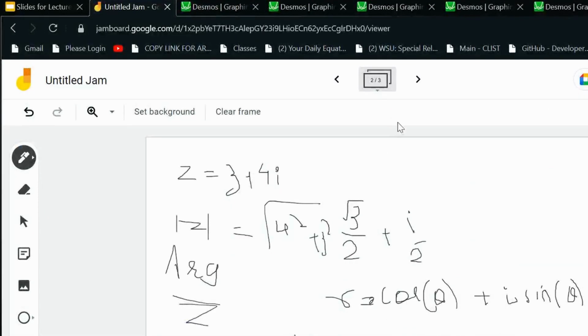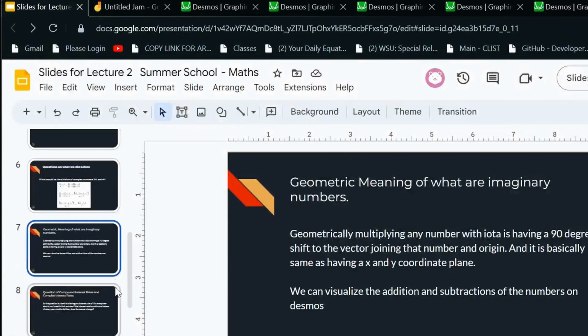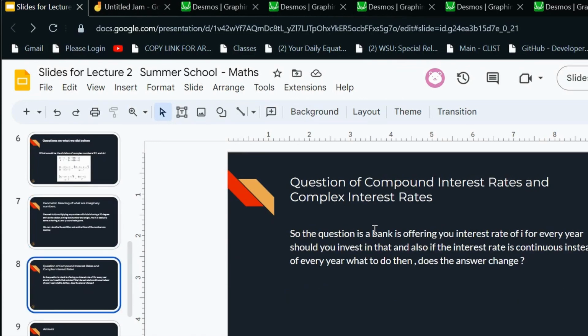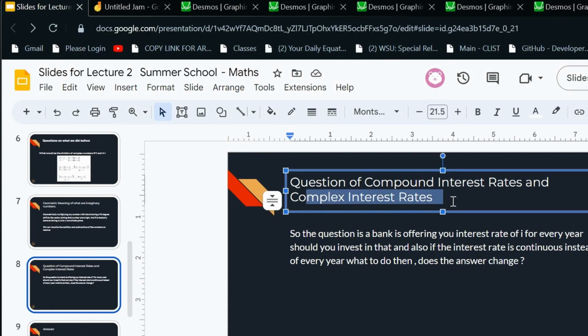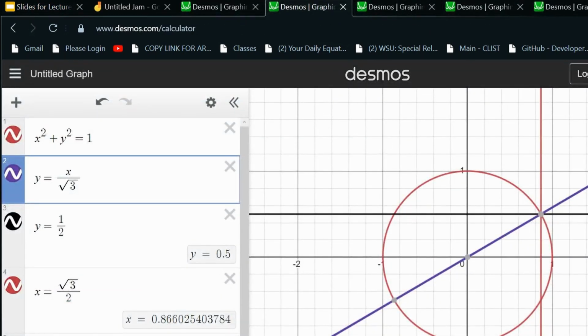So now the next point will be about an interesting problem that we can visualize. It will have to be built upon, but it's basically compound interest rates and complex interest. So let's say for the first part of the question, we will assume that a bank is offering you a complex interest rate yearly.